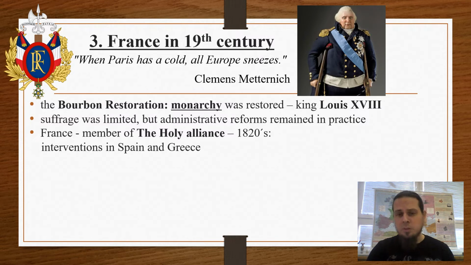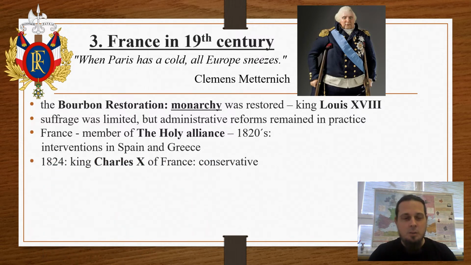The French themselves intervened in Spain and Greece, and the Greek War of Independence against the Ottoman Empire had little support apart from Britain and Italy, and also France, until 1830, when the revolution changed everything.